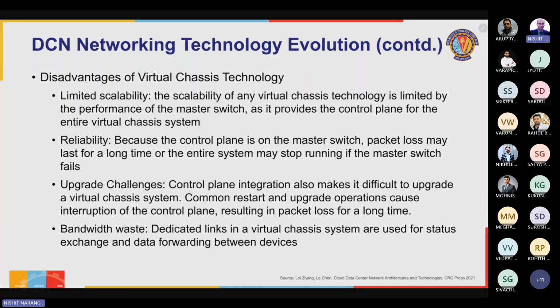It's combined the data plane capacity of two individual switches and made a larger switch of double the data plane capacity. But because only one of the nodes is running the control plane, the overall performance of the virtual chassis will be limited by what? The performance of the control plane of the master switch. Because it is the control plane of the master switch which is providing the control plane functions for the entire chassis.